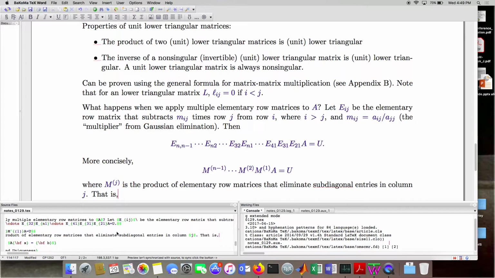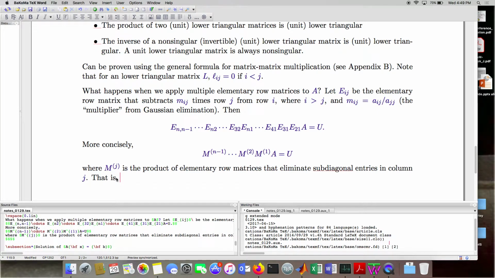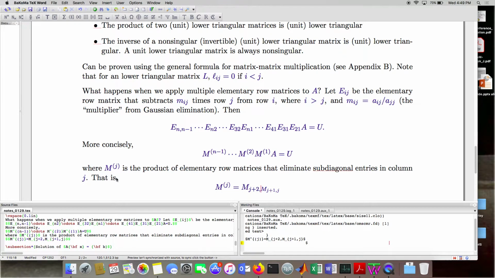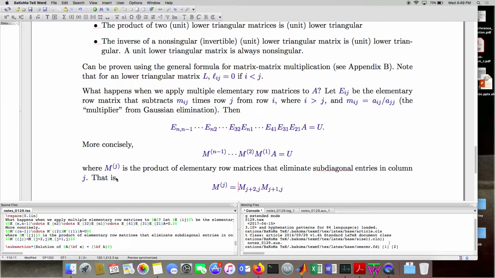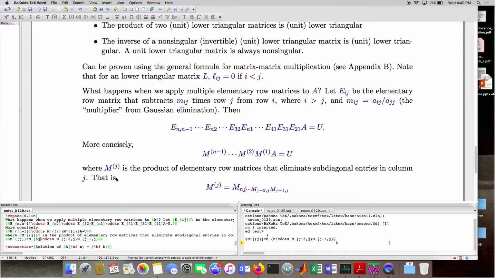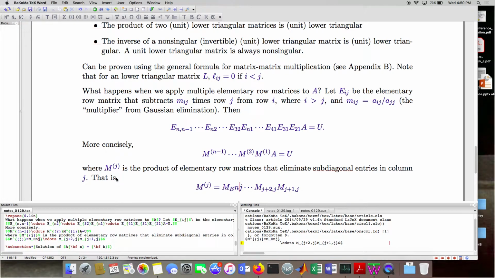So that is, we have the following. Mj is equal to, so we start in column j, we eliminate the entry right below the diagonal, so in row j plus 1, then j plus 2, and so on. We keep going. Oh wait, that should be E. So these are the elementary row matrices.